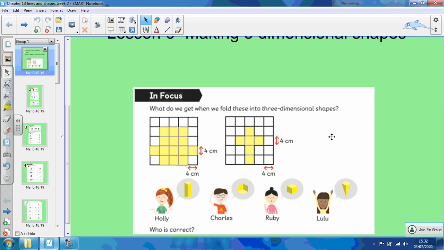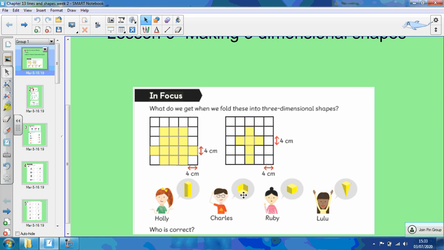So to help you with the in focus today, I've made these nets from the question for you to print out. So what I want you to do first is actually cut out your nets and fold them up to see what the two shapes will look like and who of our people down here are right.